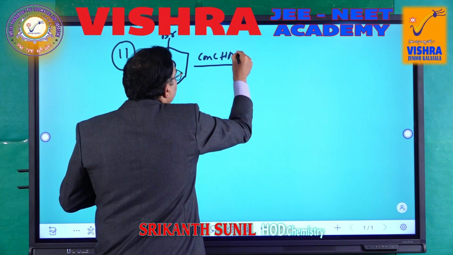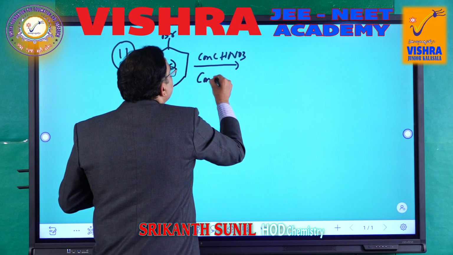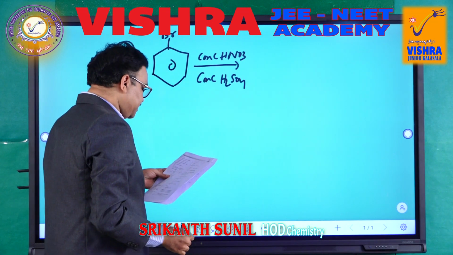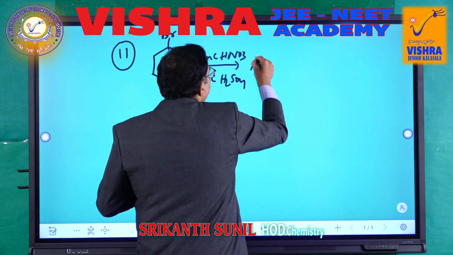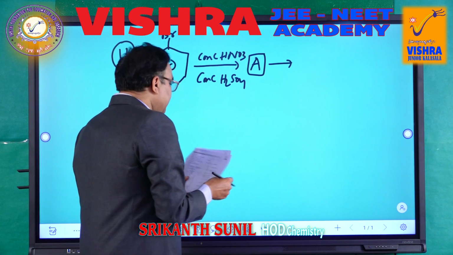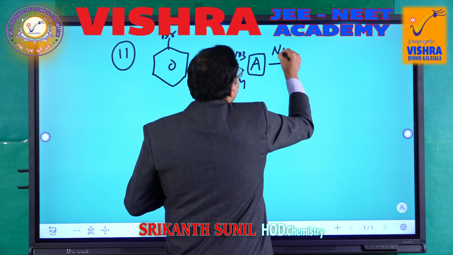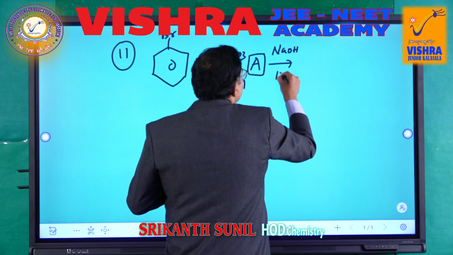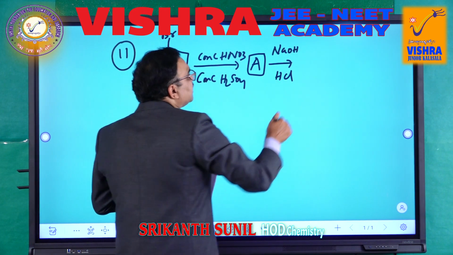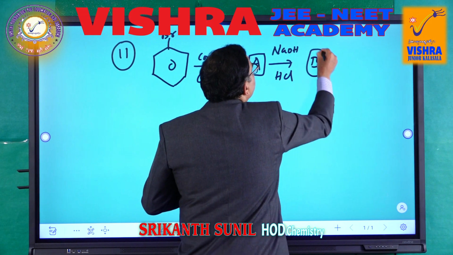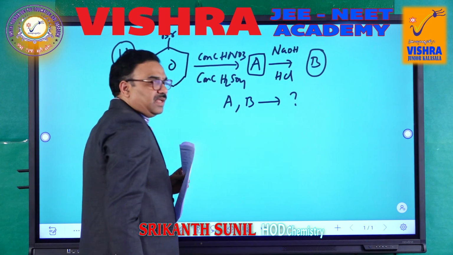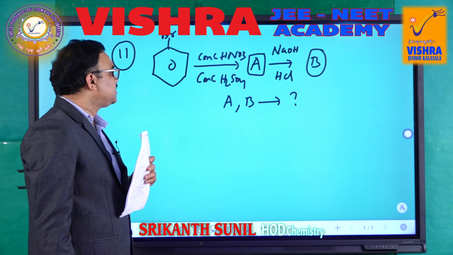Concentrated HNO3 and concentrated H2SO4 combination is known as nitration mixture. Then a compound A will come. Then to A, add NaOH at a high temperature followed by HCl. Then it gives B. What are A and B is the question.